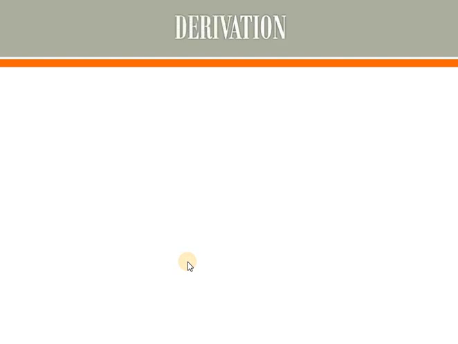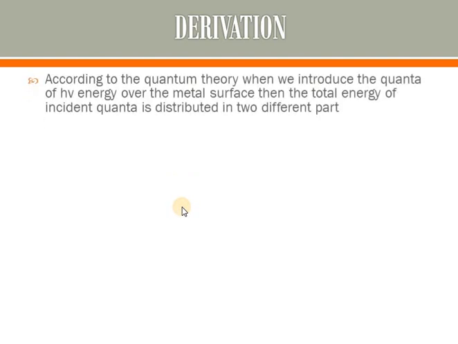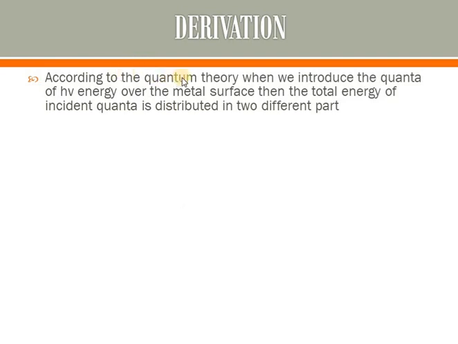Then after that, we will move to the final derivation part of the photoelectric effect phenomena. According to the quantum theory, when we introduce quanta of energy hν over the metal surface, then the total energy of the incident quanta is distributed in two different parts.